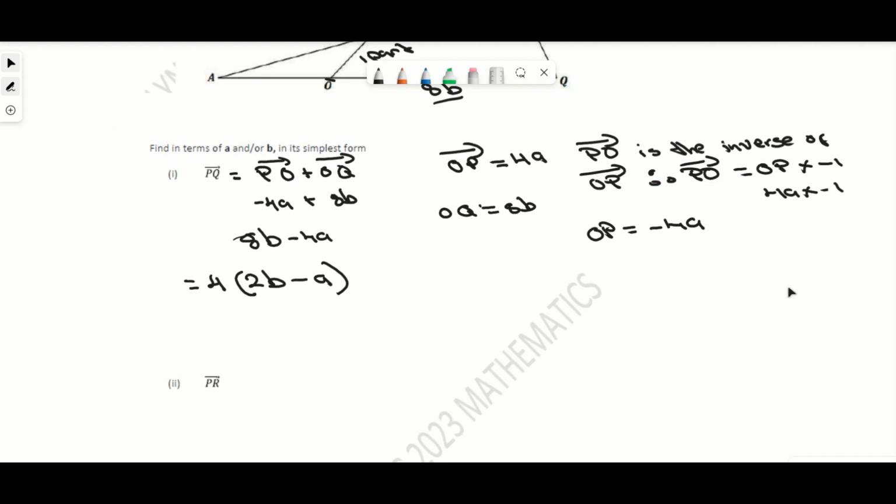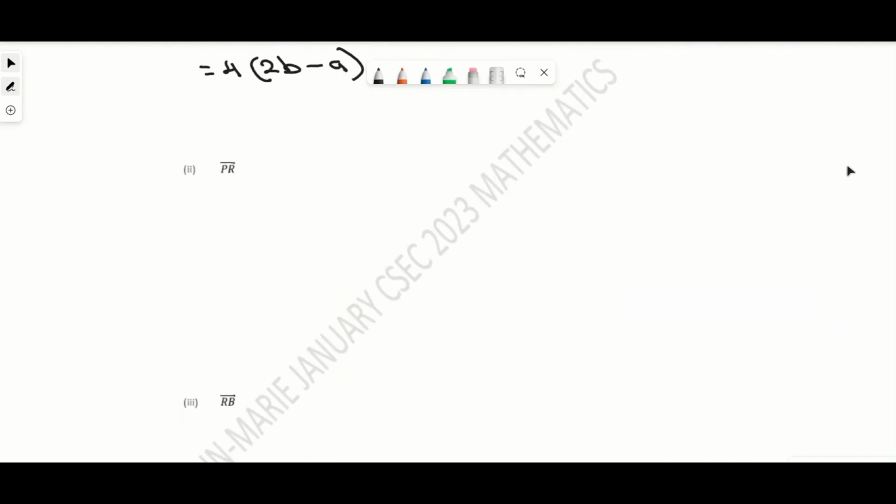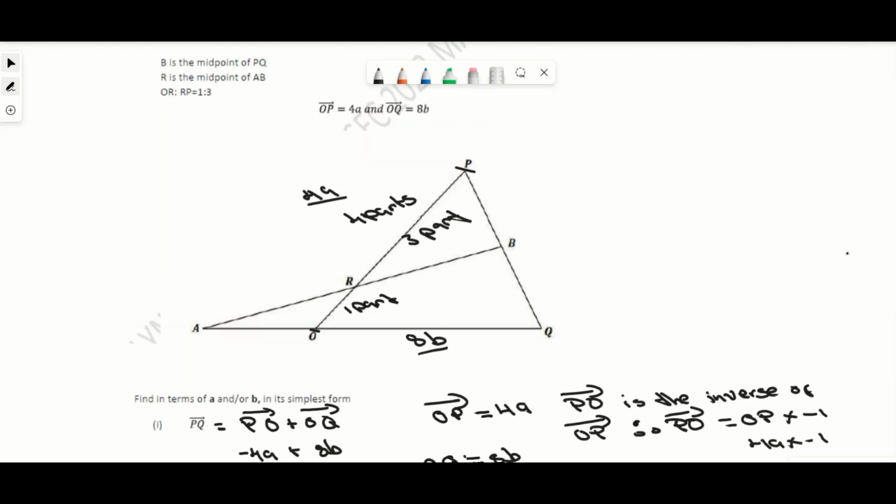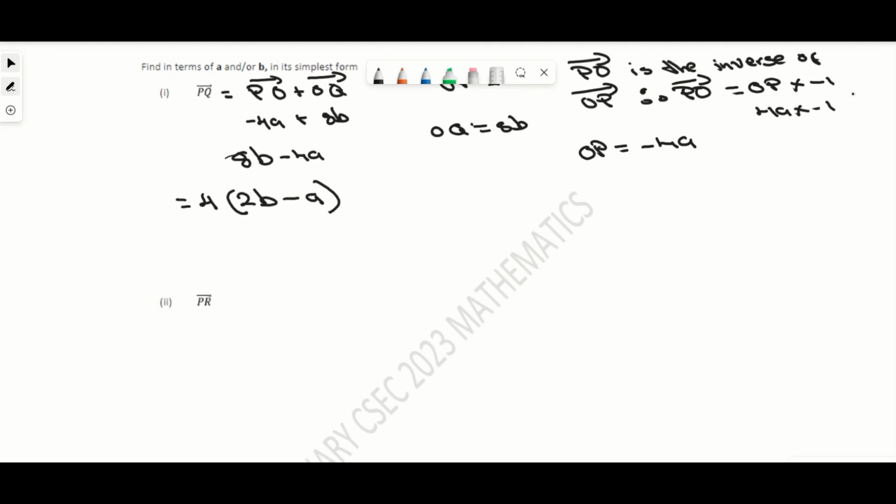Right? And then we're going to go down to the second part. They ask you for PR. Now, I already kind of answered PR by writing this. We already see that PR is 3 parts, and the total of OP is 4 parts. Now, we can see 4 parts is 4A. So it is safe to say that R to P, remember they are going in this direction, is actually 3A. So RP is equal to 3A.